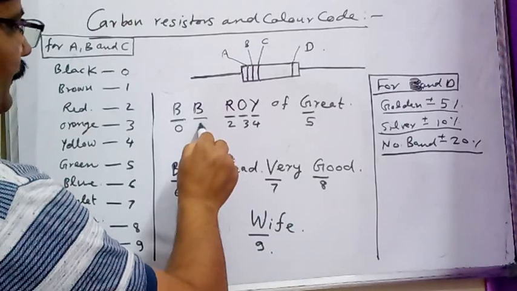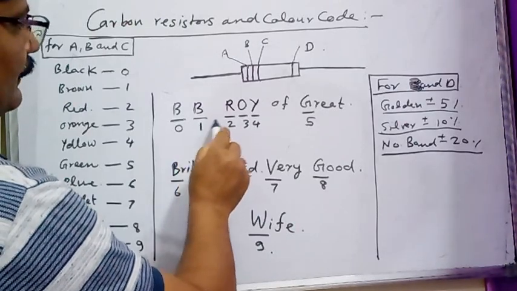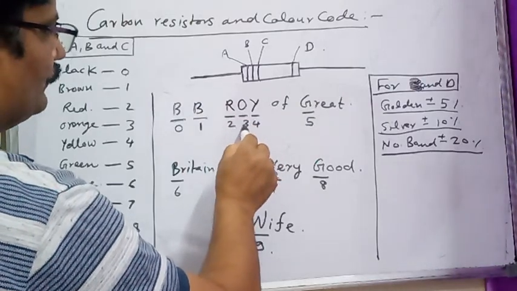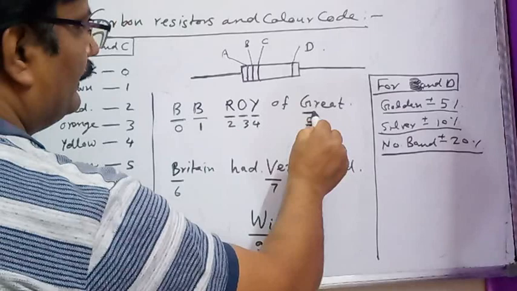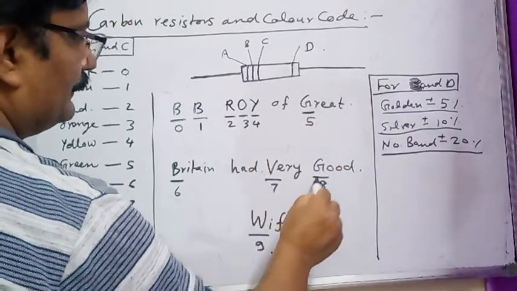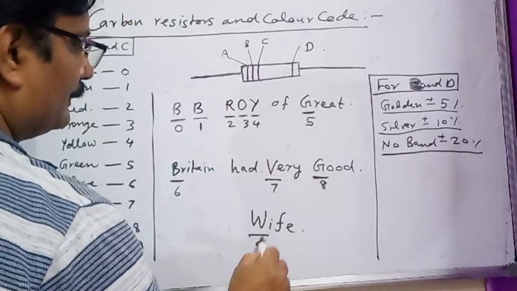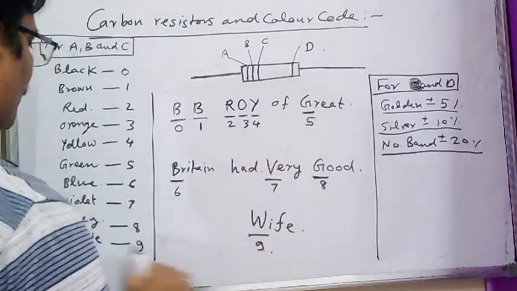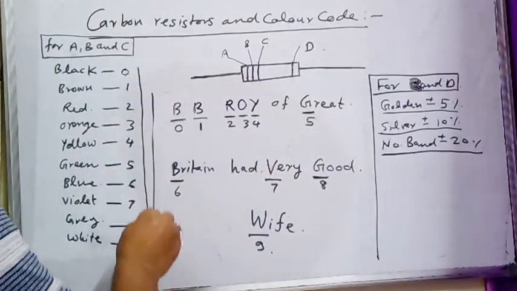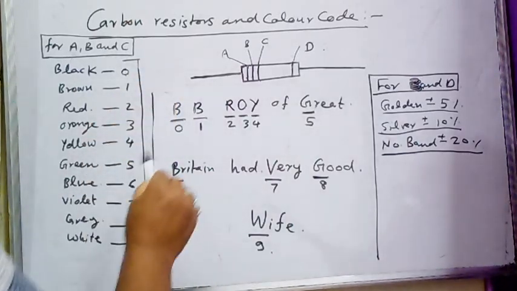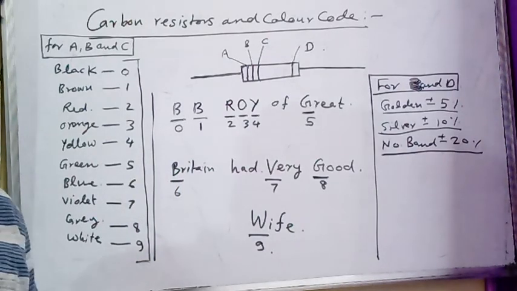Second B is for brown, that is 1. Roy: red, orange, yellow, 2, 3, 4. Green 5, blue 6, violet 7, grey 8 and white 9. So remembering this sentence, you can remember the values of the colors. And using this formula AB into 10 to power C plus or minus D%, you can calculate the value of the carbon resistor.